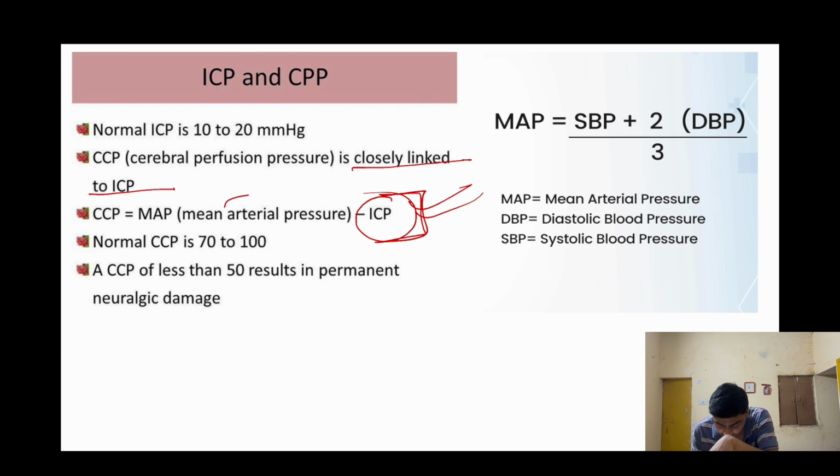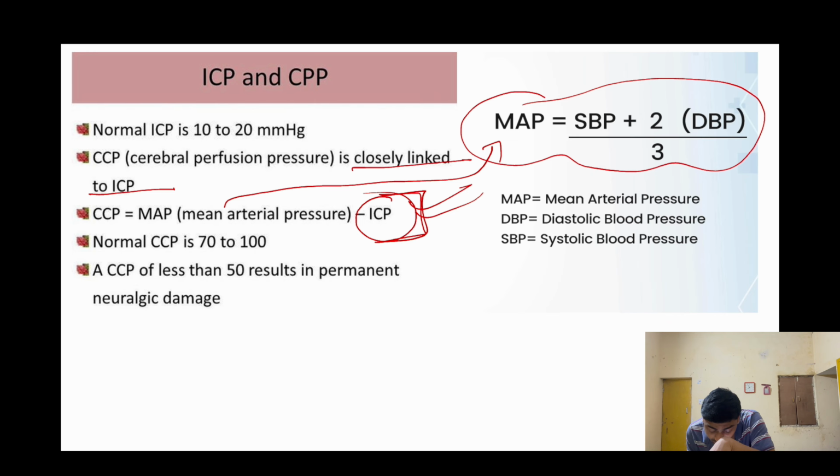Now we can calculate the mean arterial pressure by using the second formula. The mean arterial pressure is equal to systolic blood pressure plus 2 by 3 of diastolic blood pressure. The CPP can hence be derived by using the mean arterial pressure minus intracranial pressure.